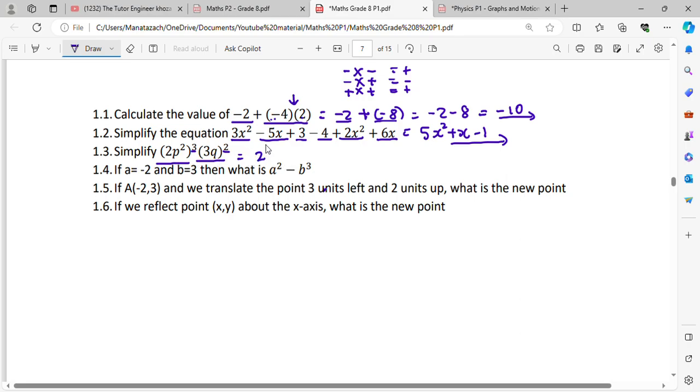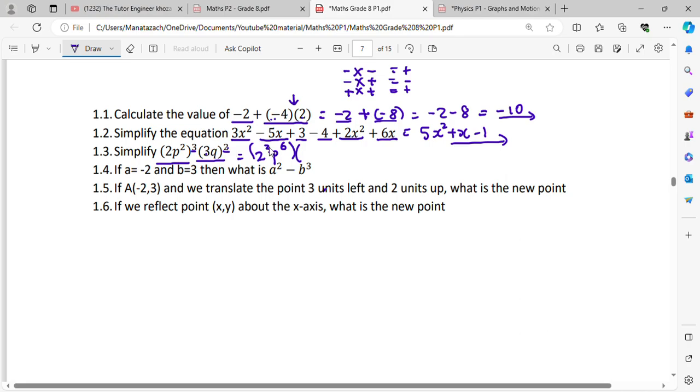You're going to have 2 cubed, and the exponent for p and the exponent of 3 are going to multiply each other. Then you're going to have p to the power 6. That would be the first bracket. Then the second bracket, you do the same.